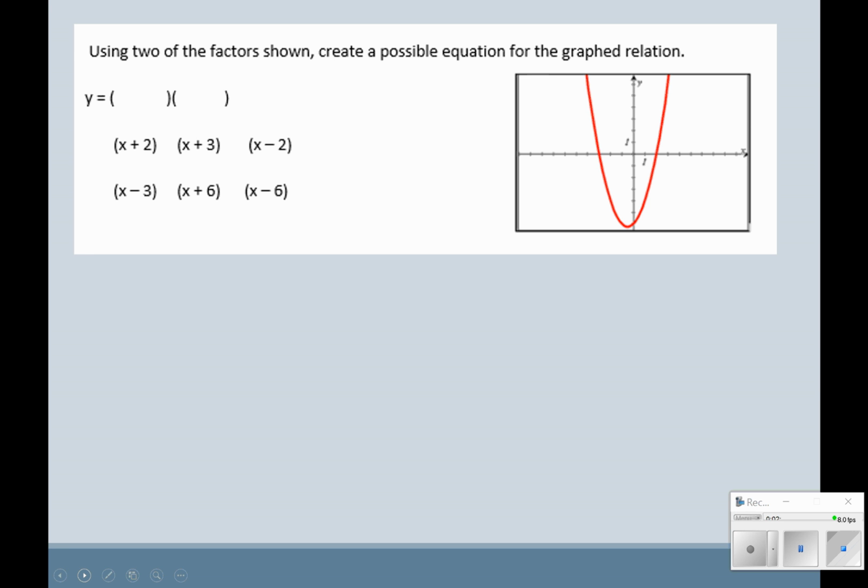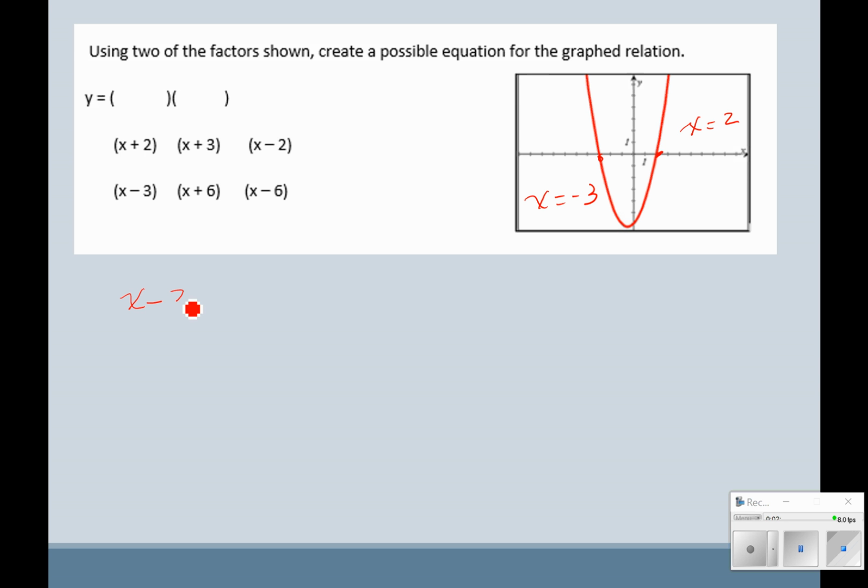In this equation, we want to use 2 of the factors to create a possible equation for the graph relation. So here, my x is equal to 2. Here, x equals negative 3. So remember that zero product property that says that we put factors together and set them equal to 0 and solve.